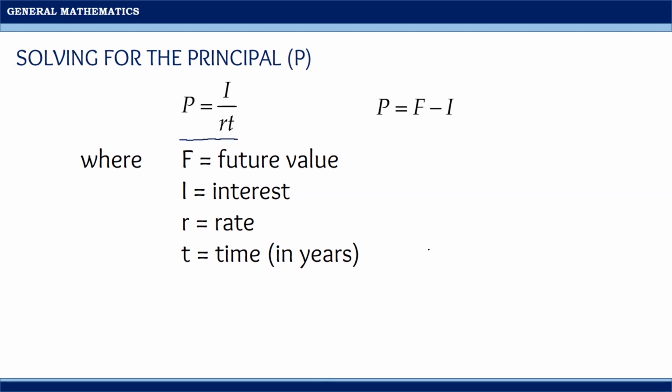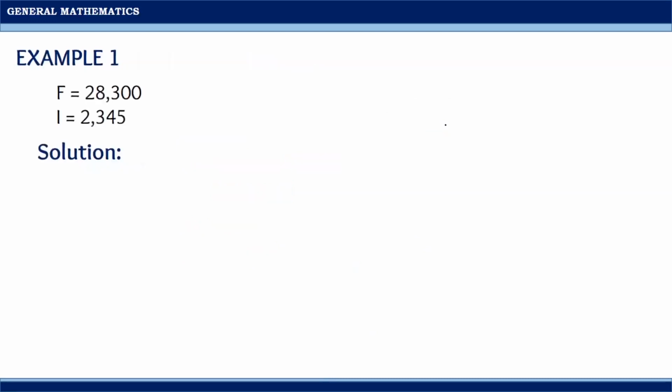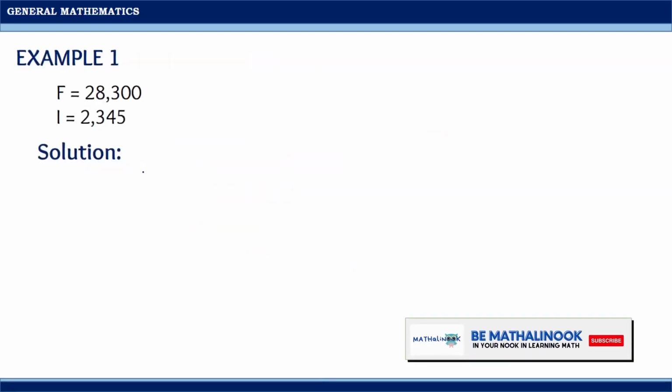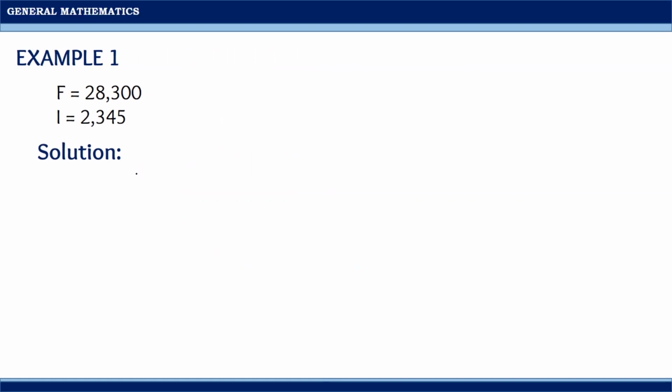But if you were given the future value and the interest, and you want to solve for the principal, then use the second formula. For example, let us solve for the principal when the future value is 28,300 and the interest is 2,345.